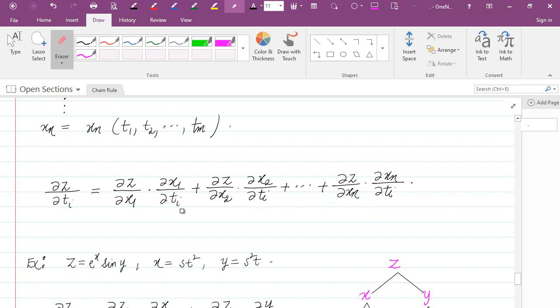So notice that the second factor of each summand here is a partial derivative with respect to the same ti.